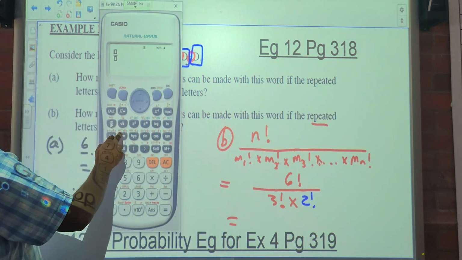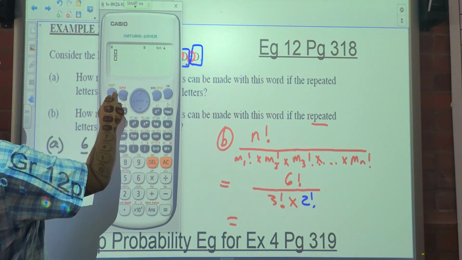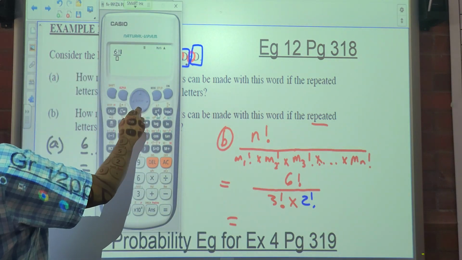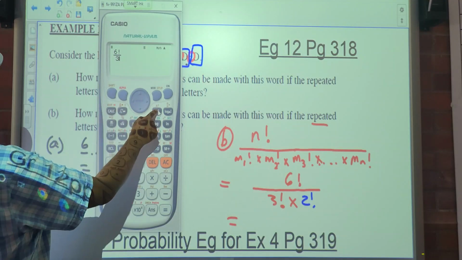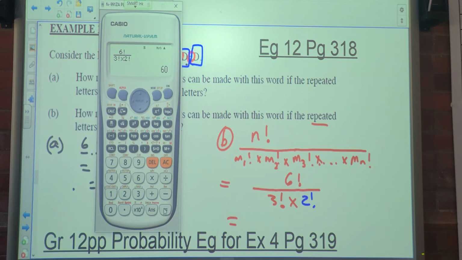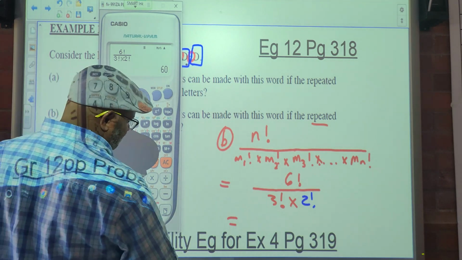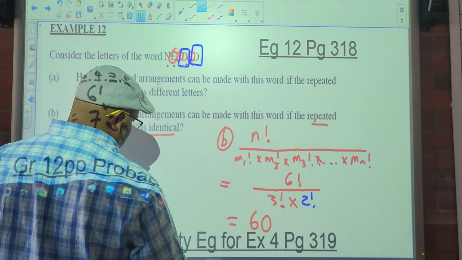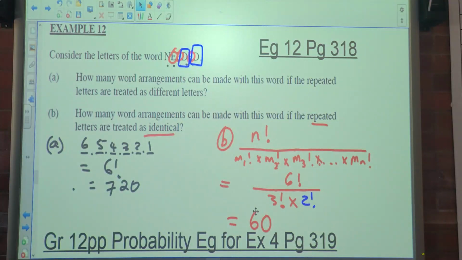So it will be 6 factorial over 3 factorial times 2 factorial. Gives you 60. Easy, huh?